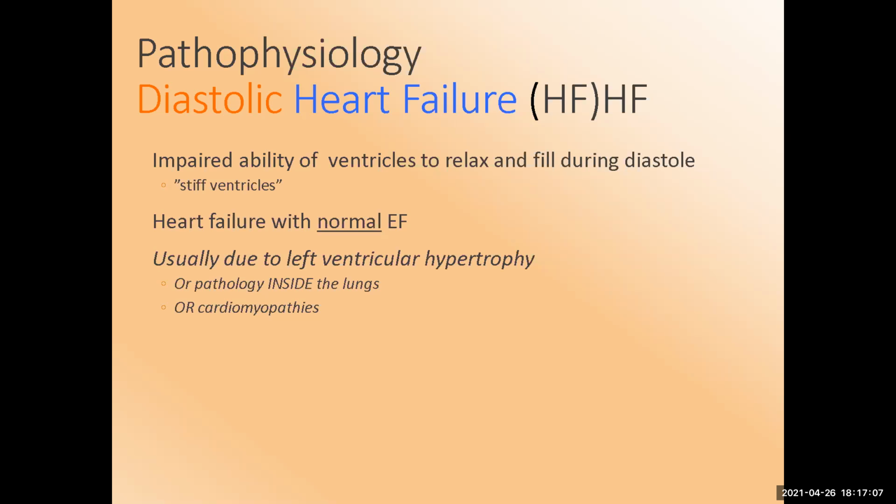The diagnosis is made based on the presence of other heart failure symptoms with a normal ejection fraction. Diastolic failure is characterized by high filling pressures due to stiff ventricles, which results in venous engorgement in both the pulmonary and systemic vascular systems. It is usually the result of left ventricular hypertrophy from hypertension. That's the most common reason, or an MI, etc.